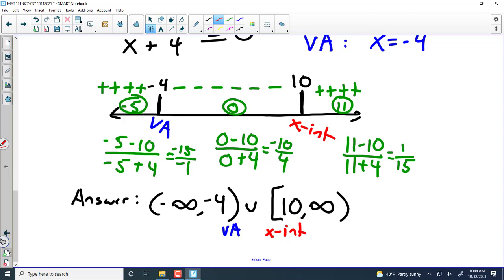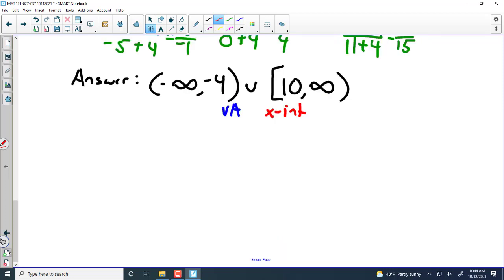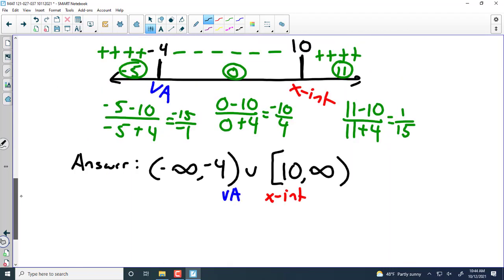Well done. Now does that sound familiar to everyone and why we do that? Because we don't actually touch. When you write equal to here, you're saying this thing is equal to 0 at that number. But if you put a -4 in here, it's undefined. It's not equal to 0. So remember, let me try it like this. Let's see if this helps. Because I want to make this very clear and make sure everyone's on board.